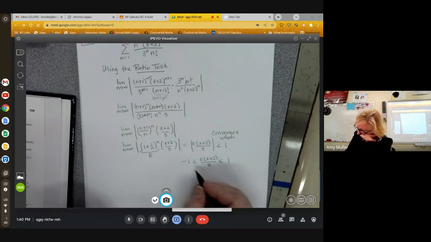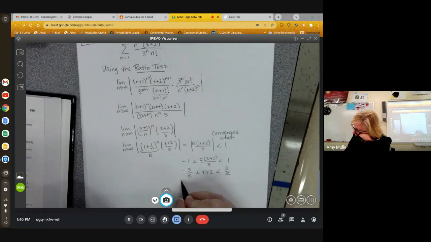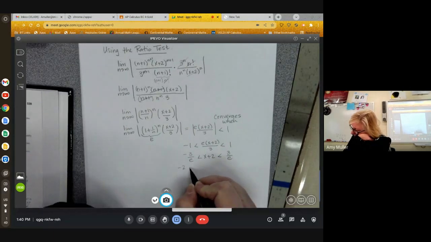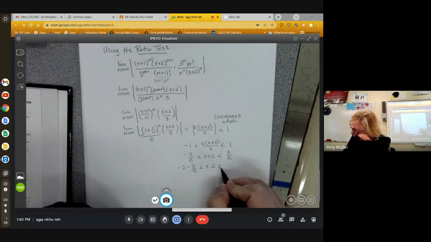It just feels weird. Okay, negative 3 over e is less than x plus 2, and x plus 2 is less than 3 over e. And I'm going to subtract 2 from everything. So this is negative 2 minus 3 over e, and then negative 2 plus 3 over e.